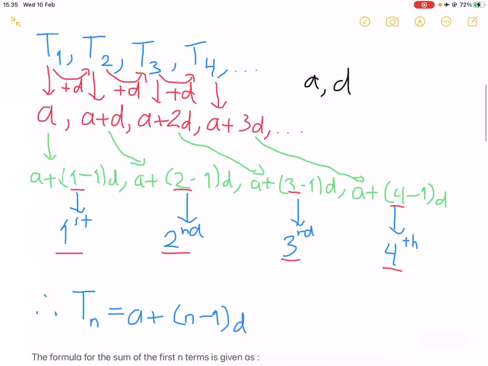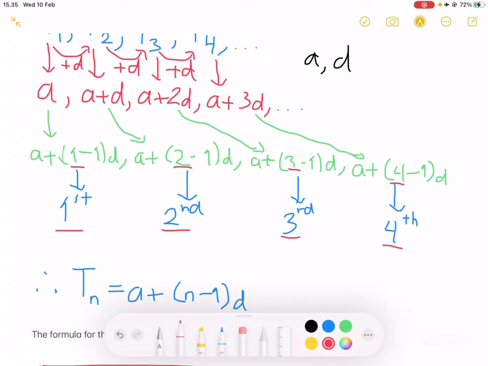Okay, and you can rewrite these as follows: a plus (1 minus 1)d, a plus (2 minus 1)d, a plus (3 minus 1)d, and a plus (4 minus 1)d. And notice these numbers correspond to the term number.